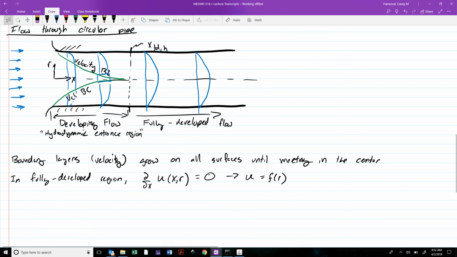So the important things about fully developed flow, we have this thing called a mean velocity. The mean velocity is basically the mass flow rate, m dot, divided by rho times the cross-sectional area.